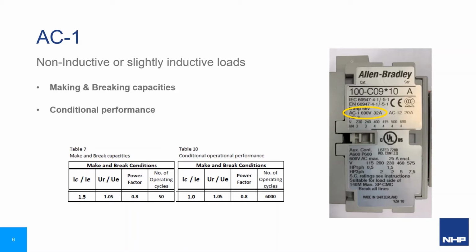In this instance, it shows a rating of 32 amps for voltages up to 690 volts. This is based on a 40-degree ambient temperature. However, some contactors may have a derating factor for higher specified ambient temperatures, with 60 or 70 degrees C being listed in technical data.